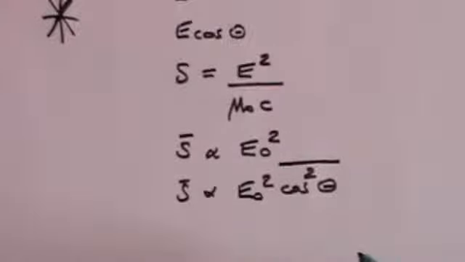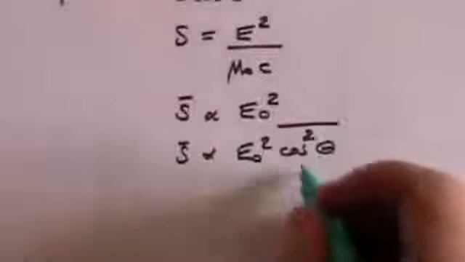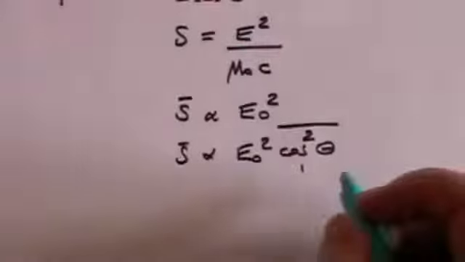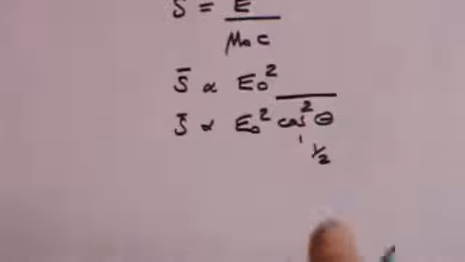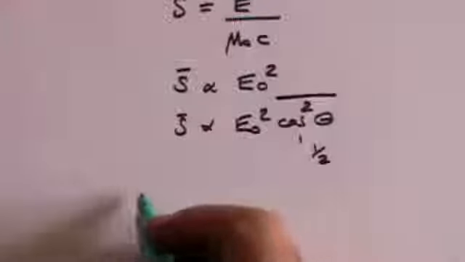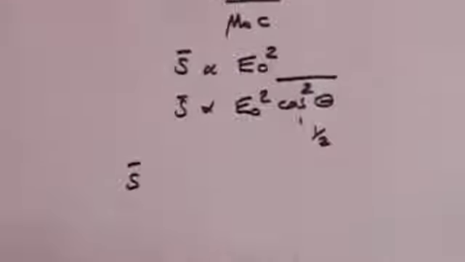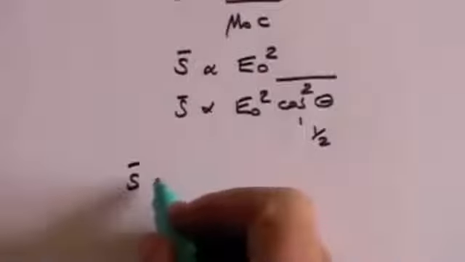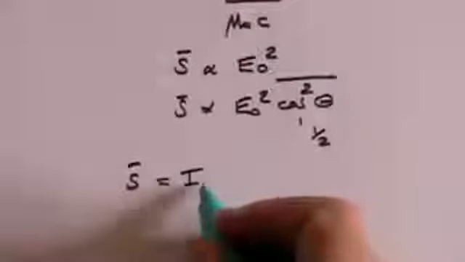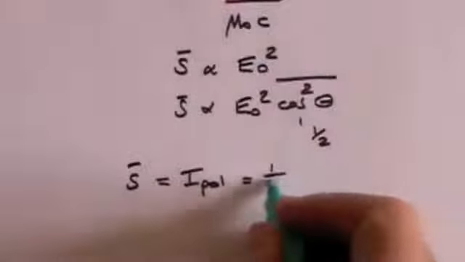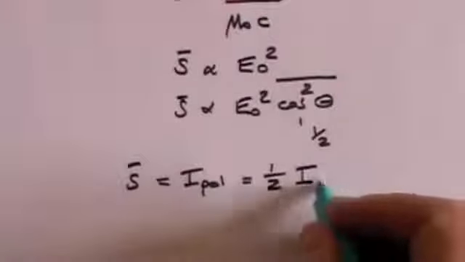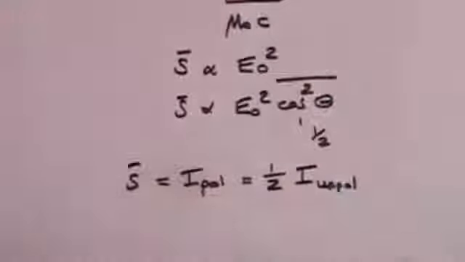And the average value of cosine theta squared over a whole cycle is 1/2. And so you get that the average value of the pointing vector, which is a proxy for the intensity of the polarized light, is 1/2 the intensity of unpolarized light.